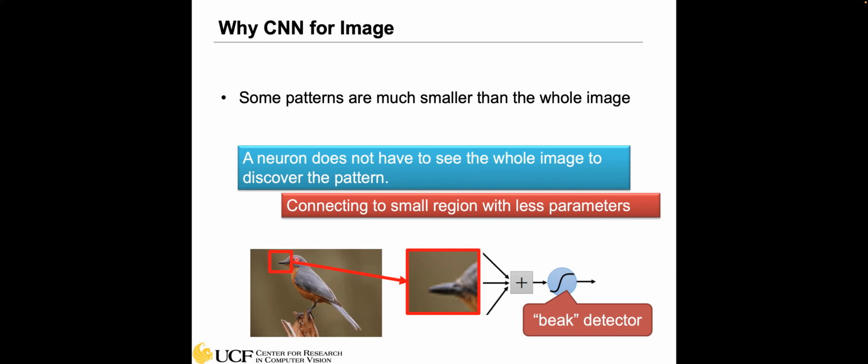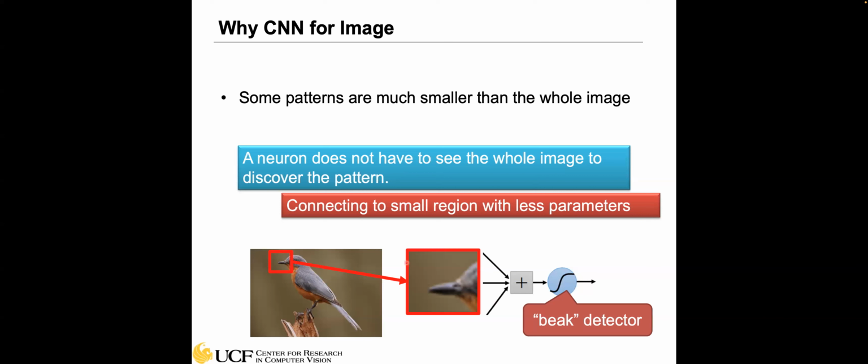Remember how the fully connected neural net works? We looked at the digit image, where we flatten that 16 by 16 image into a giant, long, 256-dimensional vector. Here we could also make a long vector, but a neuron doesn't have to look at all these pixels, the whole image. We can look at small regions, discover a pattern that may be helpful to make a decision.